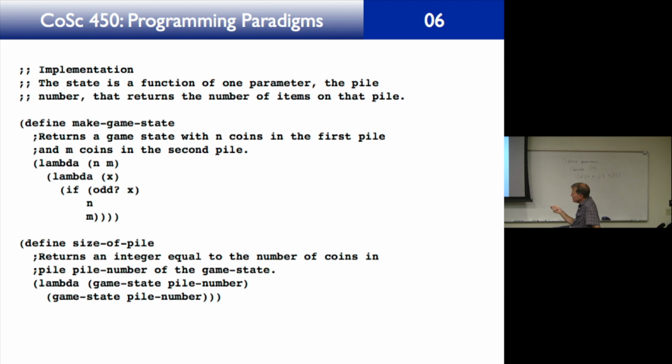I think the thing to do is to compare it with what happens if the game state is a two-digit integer. If game state is a two-digit integer, then make game state would have lambda n m. But instead of having another lambda here, it would have some computation to return 10 times n plus m. Are you with me?